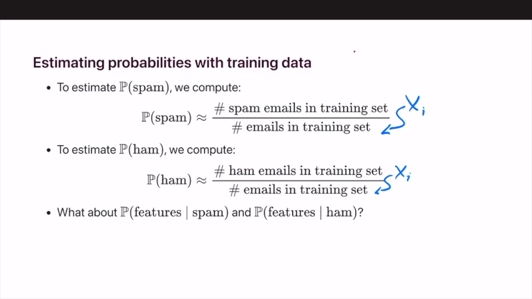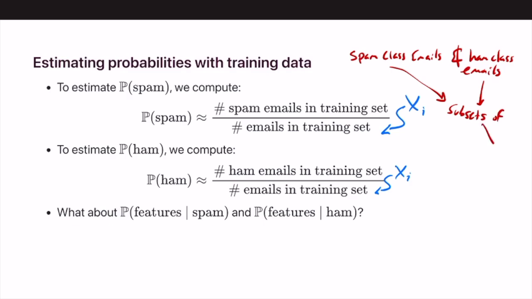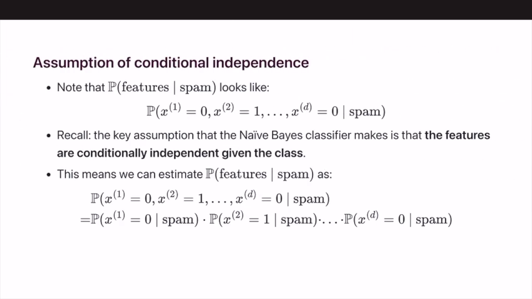So spam class emails and ham class emails, both of those are subsets of X. And we also want to think about the probability of the features given spam or ham, and that's where that conditional independence is going to come into play. So let's take a look at how that works too.